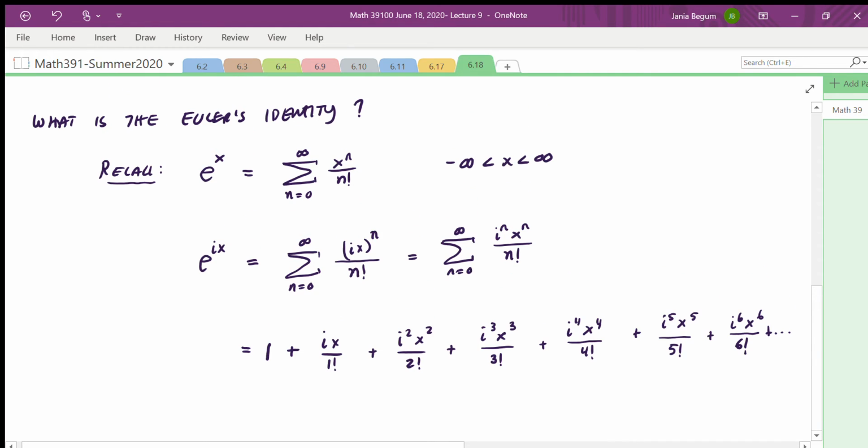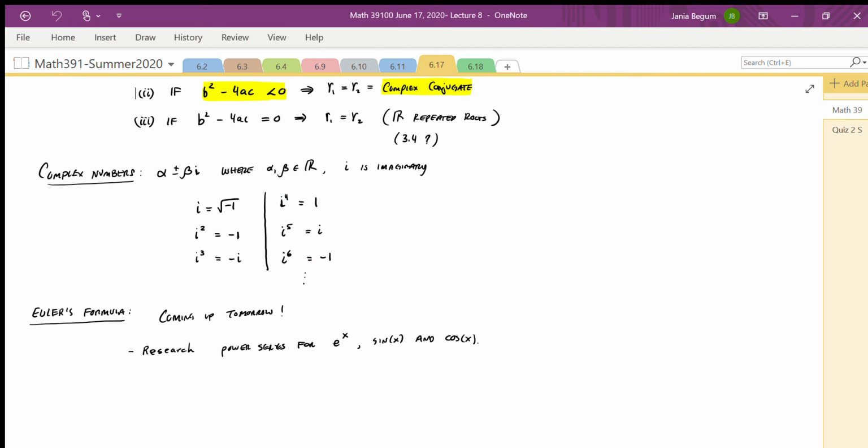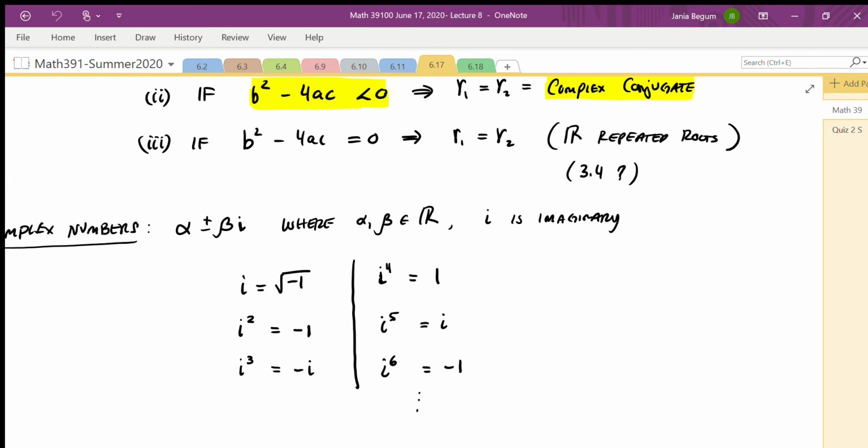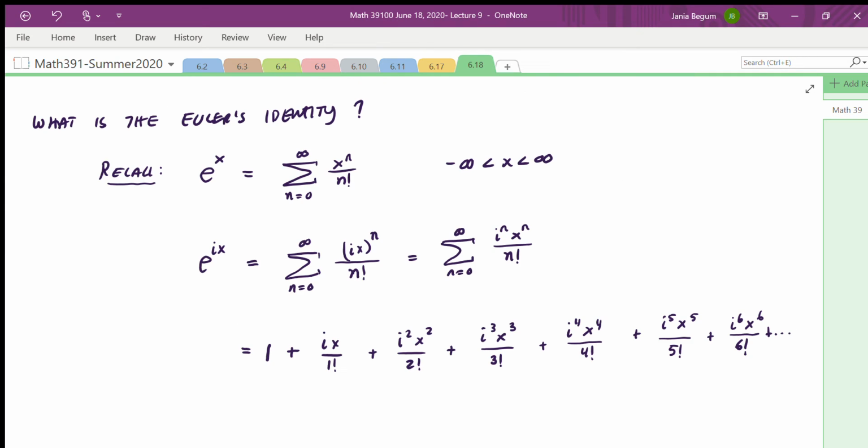And now I'm going to use the simplification we did last class. So this was the purpose of me writing down the powers of i. So if i is raised to the 1 power, that's just i, i squared is negative 1, i cubed is negative i, and so on. So I'm going to apply these to this summation so I can simplify.